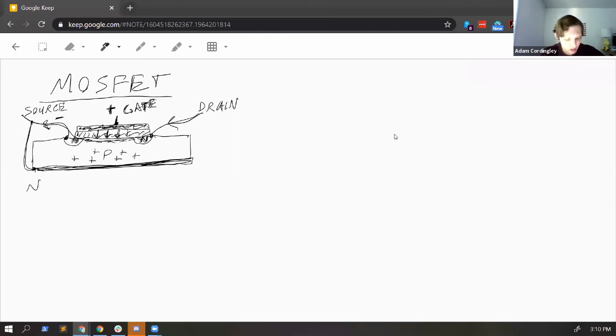This is what we would call an N-channel MOSFET, because there are channels of N-type material cut into a P-type substrate. So we call these N-channel MOSFETs. So I'll draw the symbol for this now.